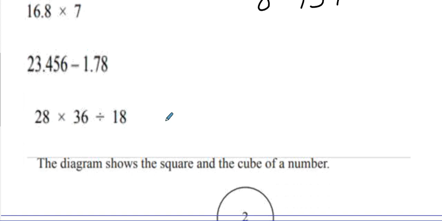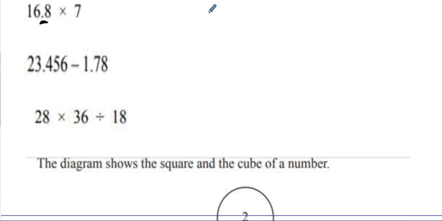Then let us do this one here. Let me erase all this. 16.8 multiplied by 7. You can ignore the decimal point for now.